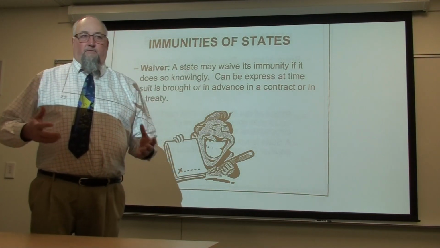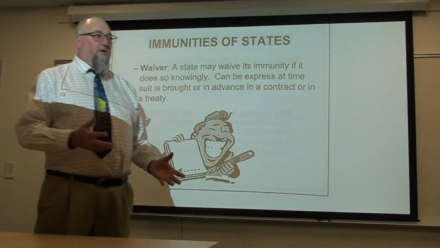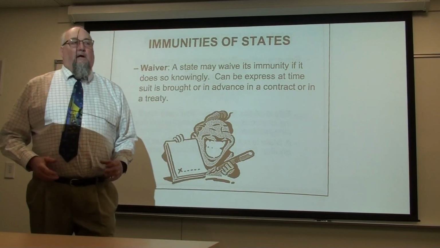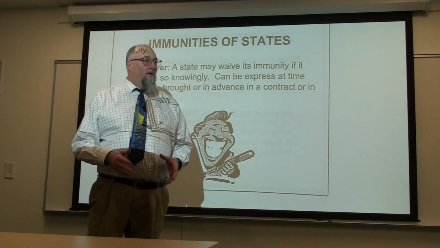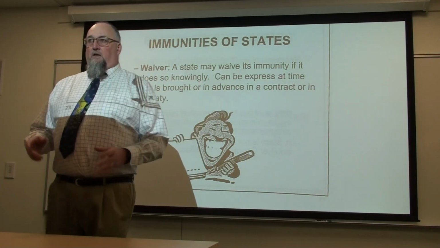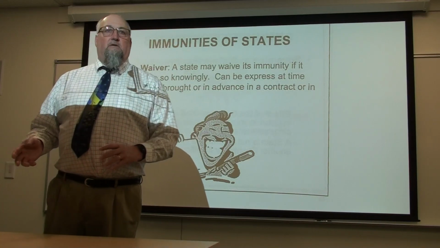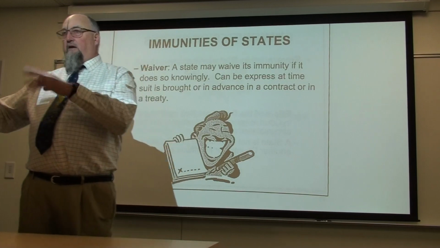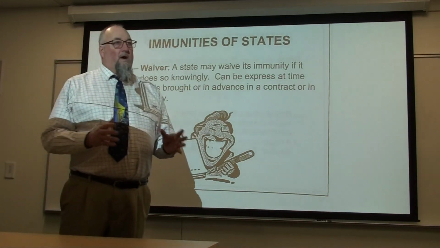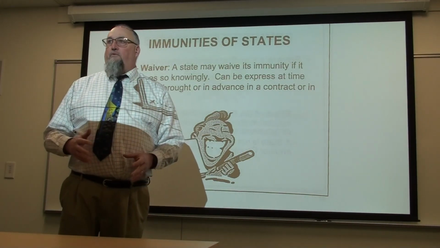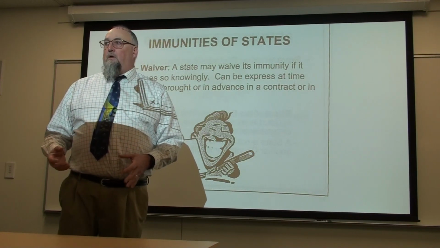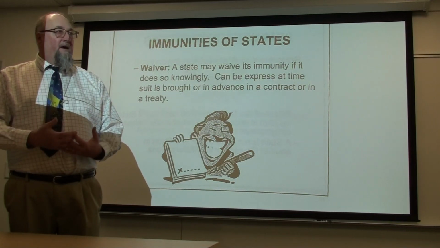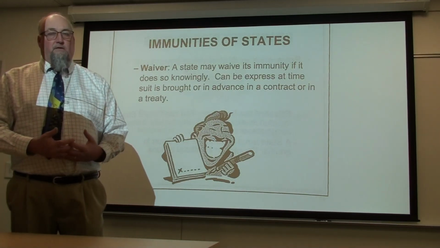For example, if Boeing enters into a contract to sell aircraft to another foreign government, as part of that contract they would include a paragraph that says, in any dispute arising out of this contract, the buyer, which is the government of the state of wherever, waives its ability to claim any form of sovereign immunity. So the government has expressly given up that right as part of a contract.